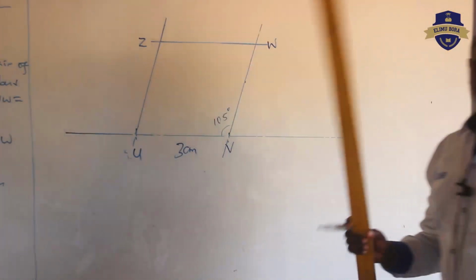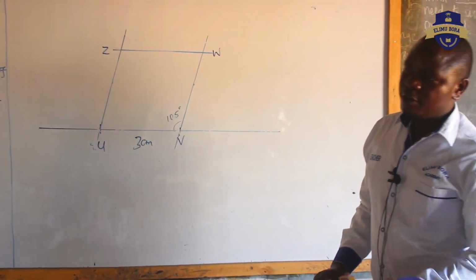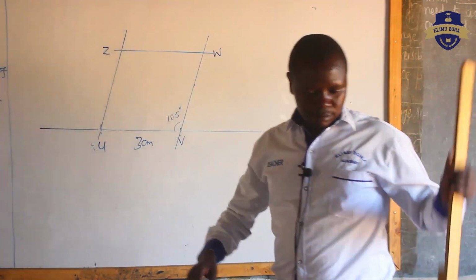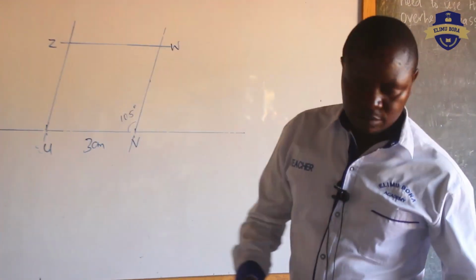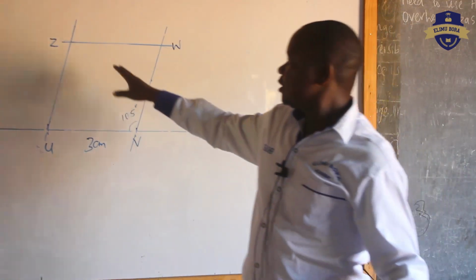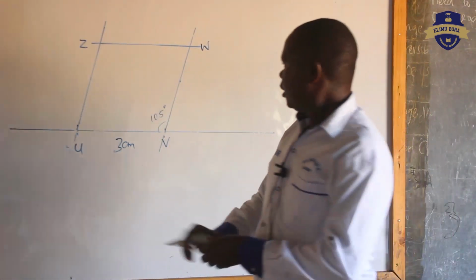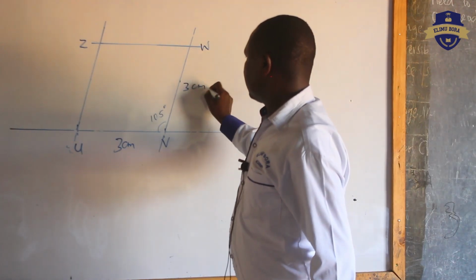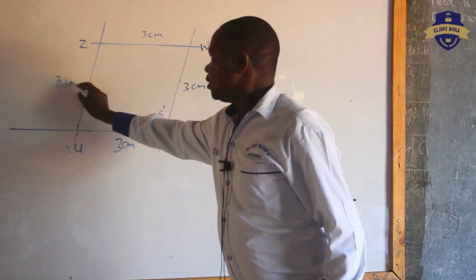Now that is how we construct our rhombus. The properties of a rhombus, let us review them. Property number one, yes? All sides are equal. If the height is 3 centimeters, it means here it is also 3 centimeters, 3 centimeters, 3 centimeters.